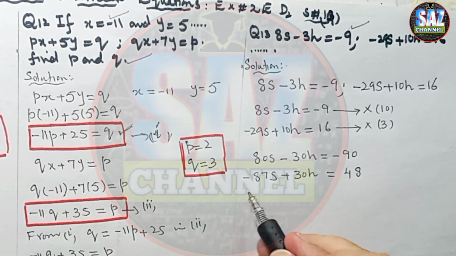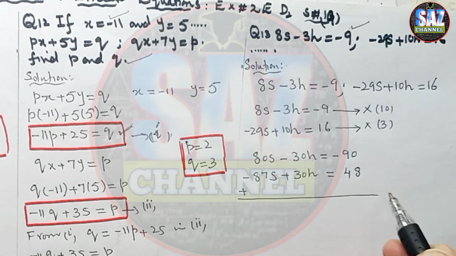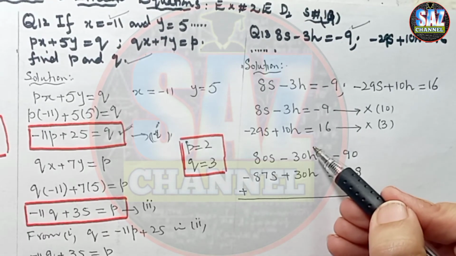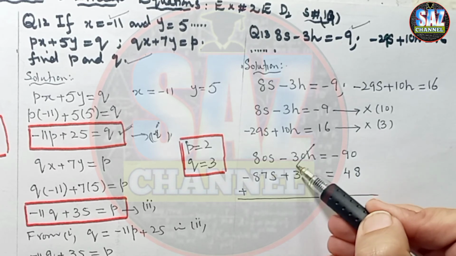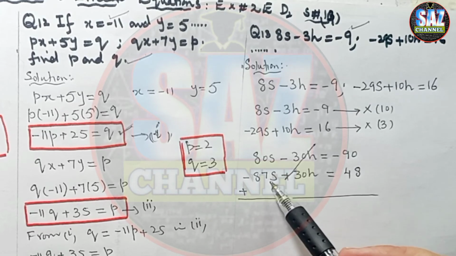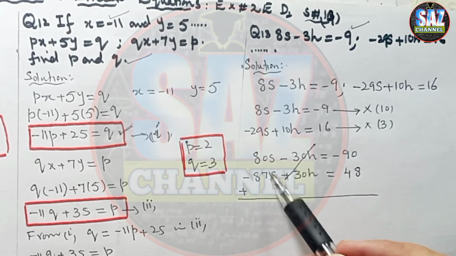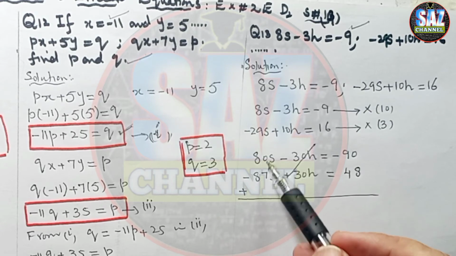Same coefficients, opposite sign, so we can easily add the equations to get rid of one of the variables. I'm going to remove h at this stage, and after that we will be left with an equation in one variable only, that is s. Now solve it for s.